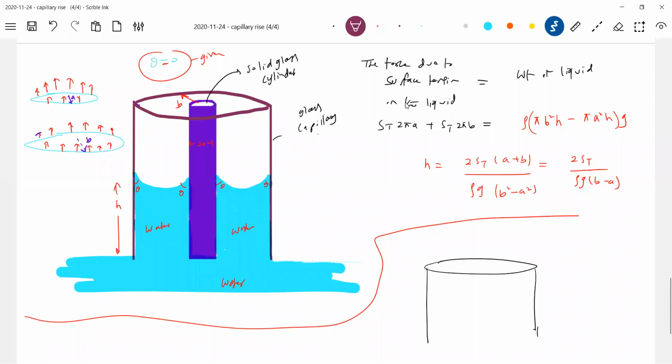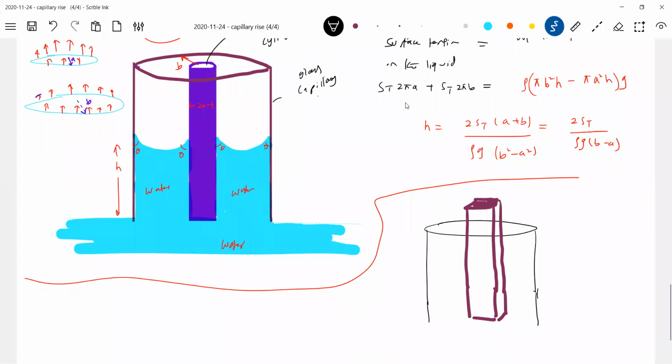If the cylinder is of this kind, any changes? Look at this particular cross section.